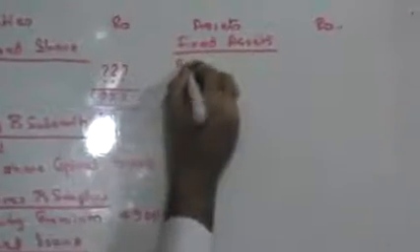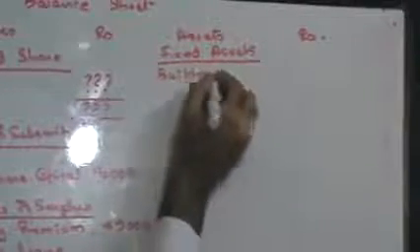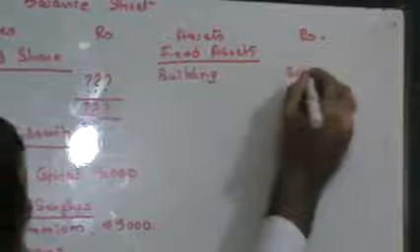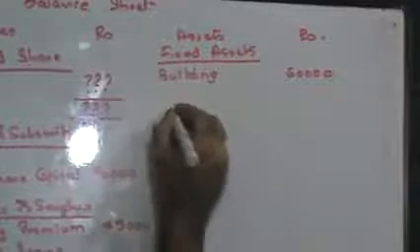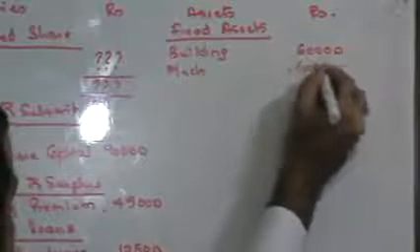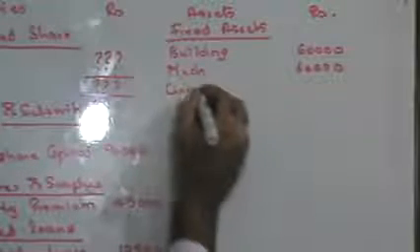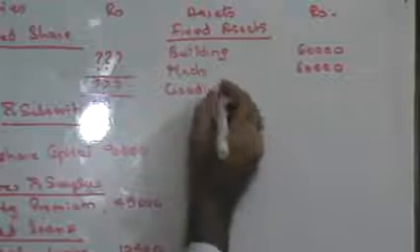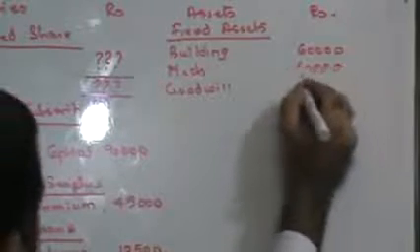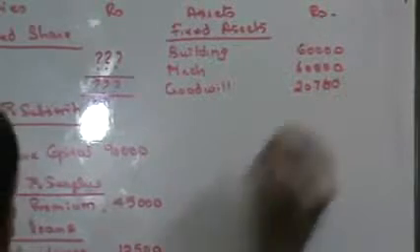Fixed assets. Under fixed assets, you have building, 60,000. Machinery is 60,000. Goodwill is 20,780.